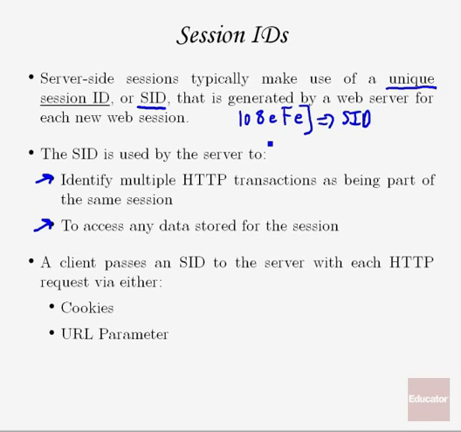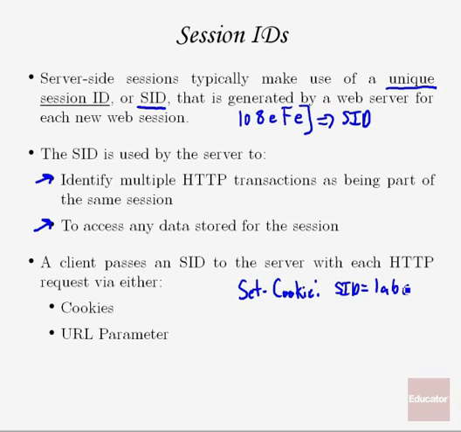The client passes this SID to the server on each request. When a session is started, the server sets a cookie with some unique ID and sends it to the client.